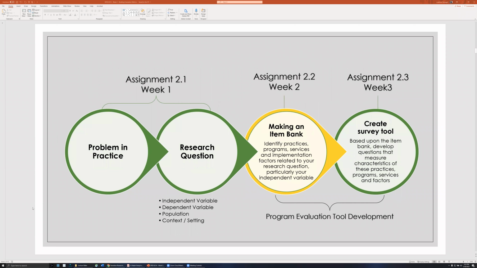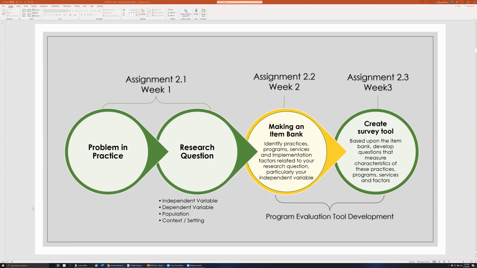So this is just a visual representation of how we're getting from week 1 of 2.1 for your assignment to 2.2 and then 2.3. You can see here, you started off in week 1 with identifying your problem of practice and your research question. That was in 2.1 of your organizer.